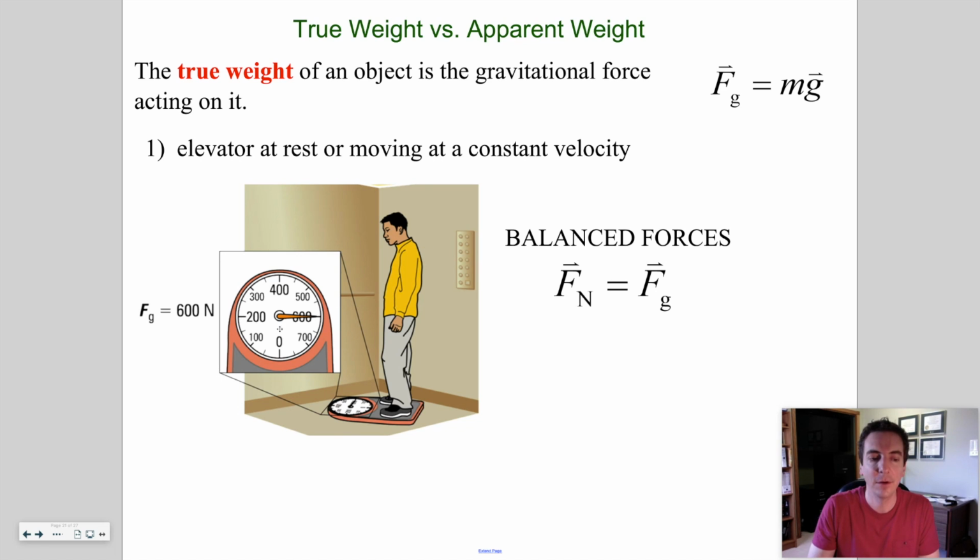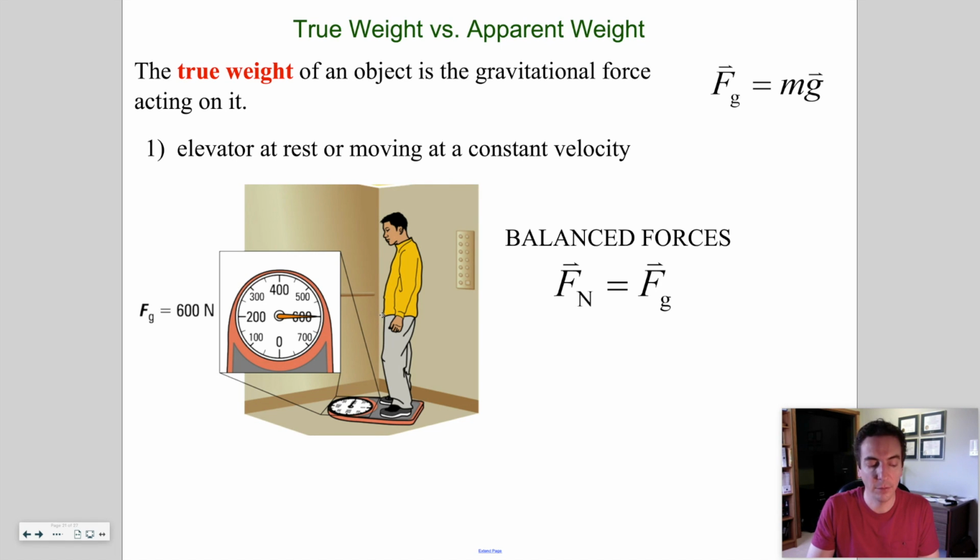But let's say you've got a Newton scale here. So you've got a student standing on a scale, and that scale is at rest. That student then has a weight as measured by the scale of 600 newtons. So that we would call the student's true weight.